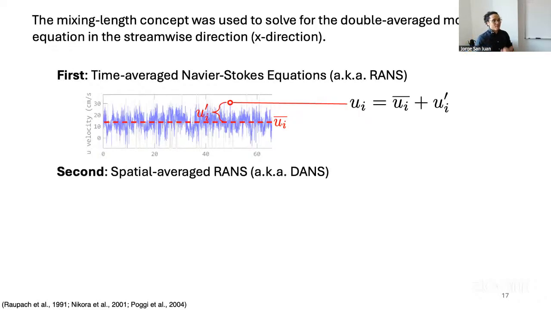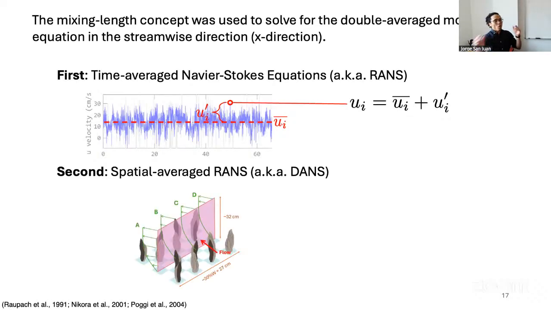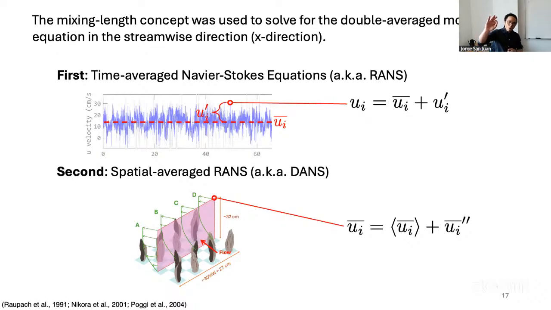Now, the second averaging was a spatial averaging. If you remember, we have the 4 different profiles that we measured, so we could have that second averaging of the velocities. In this case, we have a single point, our time average value, that is decomposed into a spatial average component plus a deviation from that average. So it's a very similar concept.